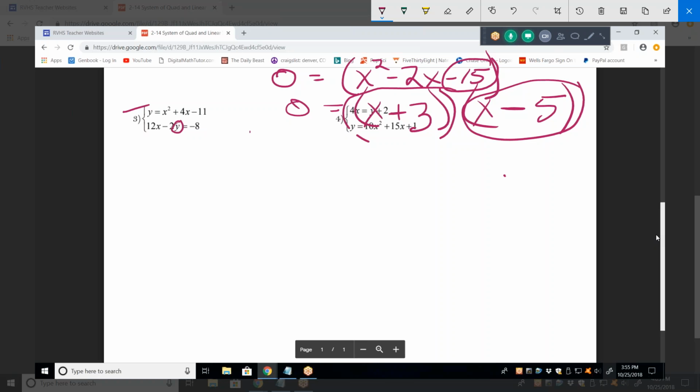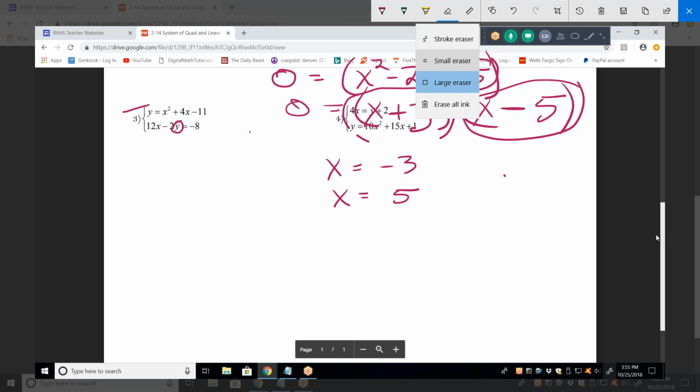Tell me what my x's are. 3 and 5. 3 and negative 5. Oh no. Almost. It's always the opposite of what you're looking at. So yeah, negative 3 and positive 5. Now, again, that doesn't answer the whole question.